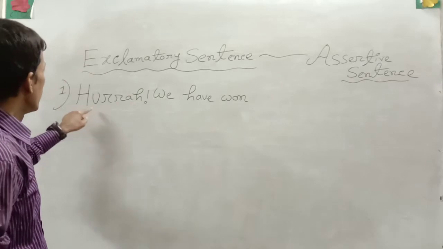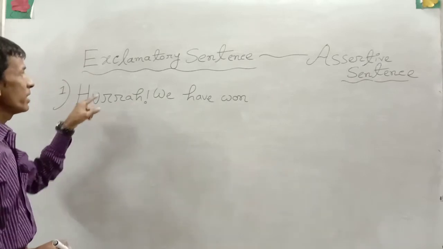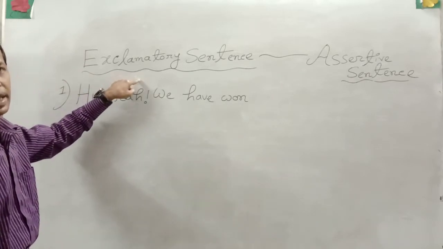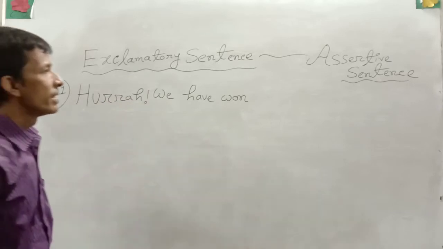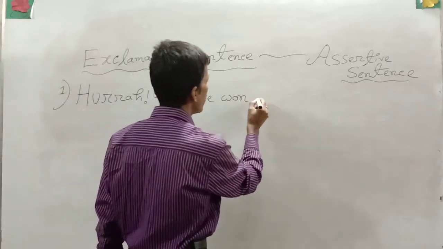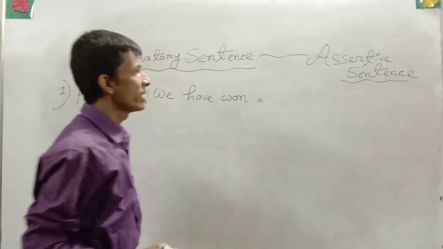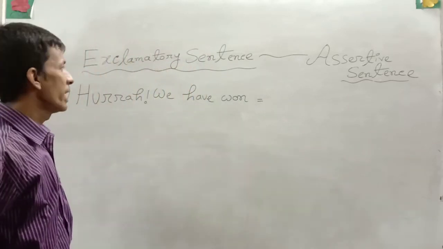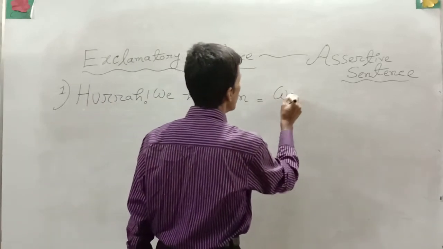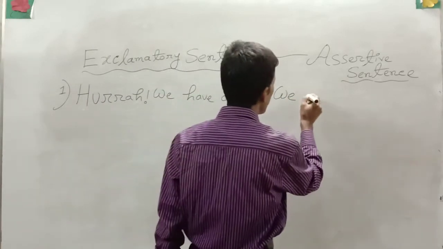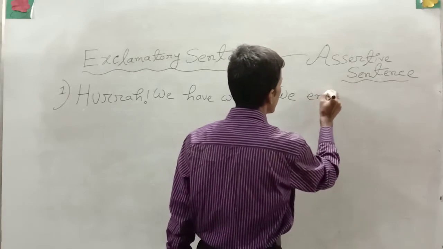You will be able to identify the exclamatory sentence very easily by looking at the note of exclamation. Then, if you are asked to transfer this exclamatory sentence into assertive one, you will have to write first subject, we. Hurrah will be transferred into enjoys that.